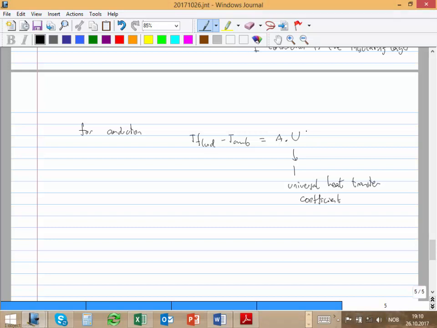Actually, it's like that: the heat that I'm dissipating is equal to A times U, the heat transfer coefficient. And this heat transfer coefficient includes conduction, convection, and also radiation if there is some. It includes everything, and we will see maybe later a way to calculate it. That clear?